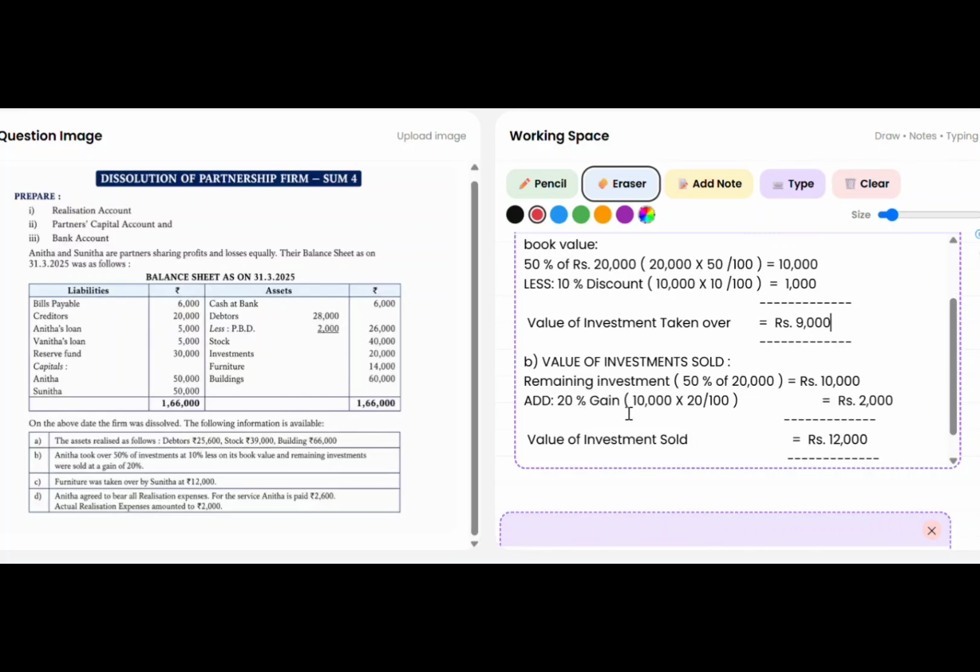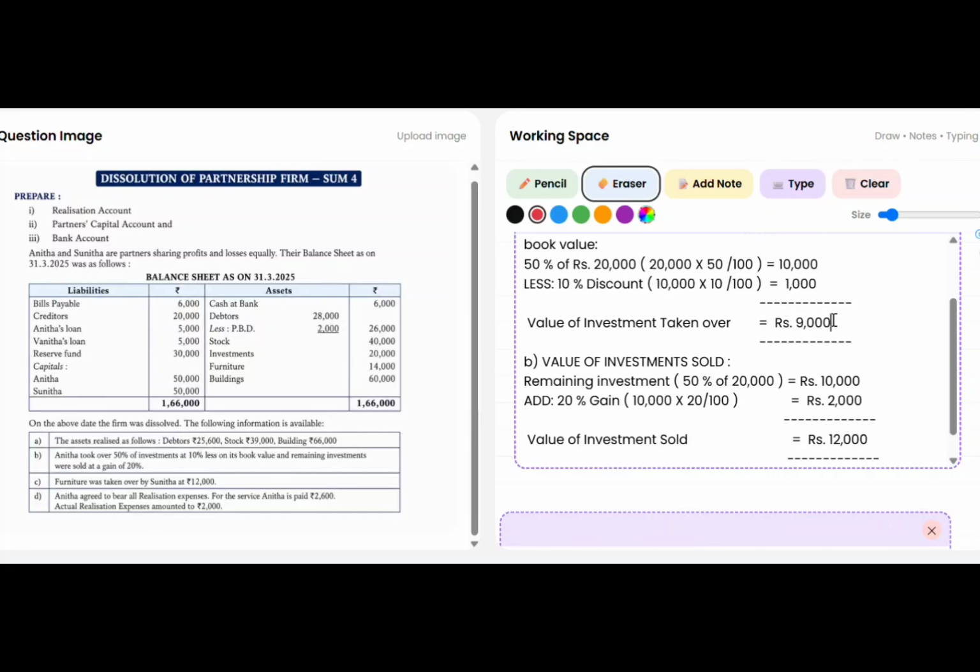So we have to add the 20% of rupees 10,000, which will be 10,000 into 20 by 100, which will be 2,000 rupees. So 2,000 rupees is the added value or the gain on the investments sold. So we have to add the value, therefore the value of the investments sold will be rupees 12,000. So investments is partly being taken over and partly it is being sold.